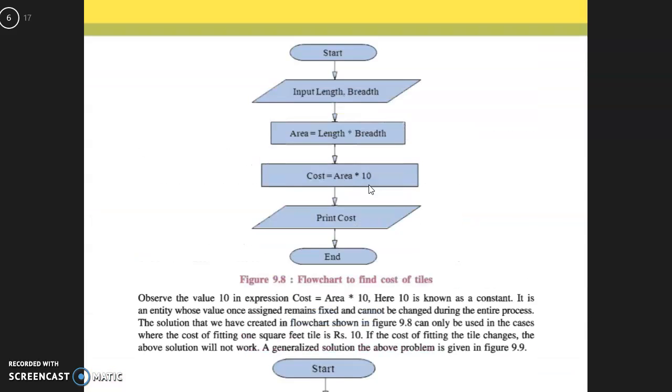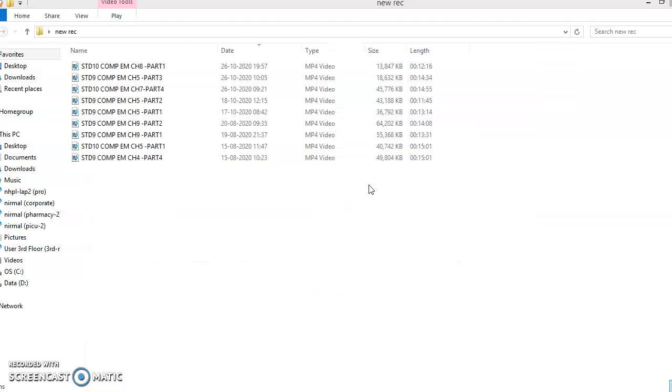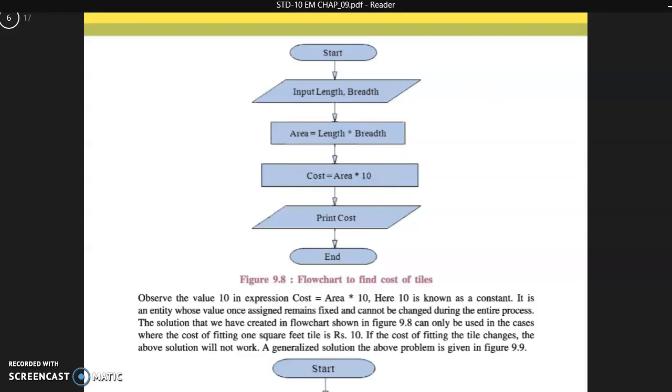Only after creating a flowchart are you able to solve that problem. I hope we will conclude here. Thank you very much. We will continue this chapter in the next session. You must read all this. All these flowcharts you must be familiar with, because in our C programming language we require them very much.